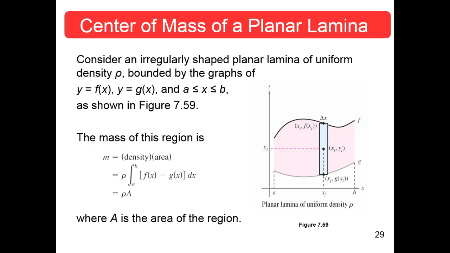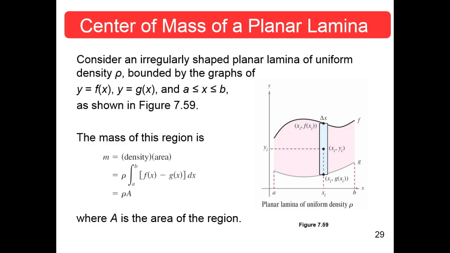So the mass of this region would be its density, which is rho, constant, times the area. The first thing you've got to do is get the area. The obvious way is dx, and then f minus g, both functions of x, times your dx, integrated from a to b.